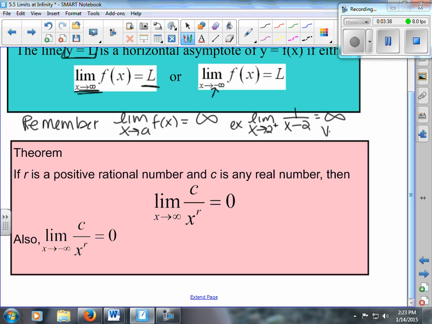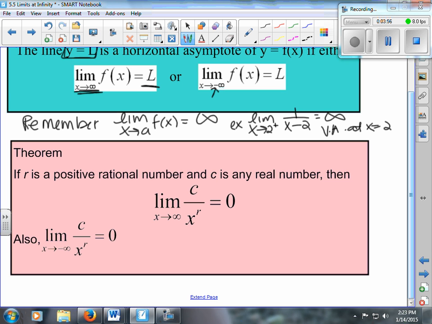This meant that we had a vertical asymptote at x equals 2. And so when you have infinity involved in limits, that's what asymptotes are. Vertical asymptotes are when the answer is infinity, and horizontal asymptotes are when x goes to infinity.